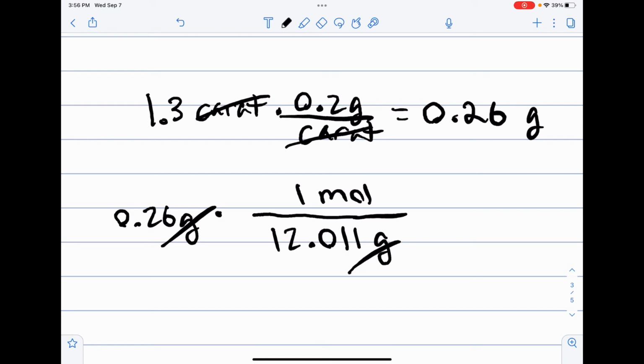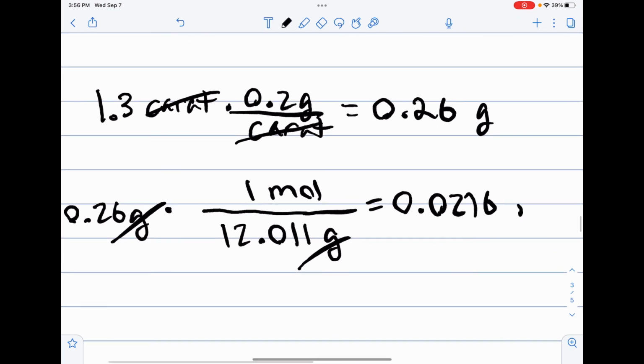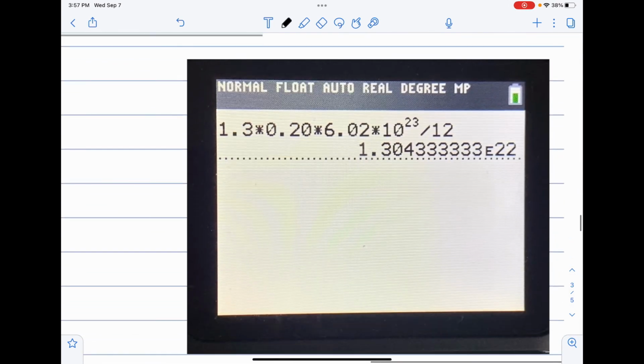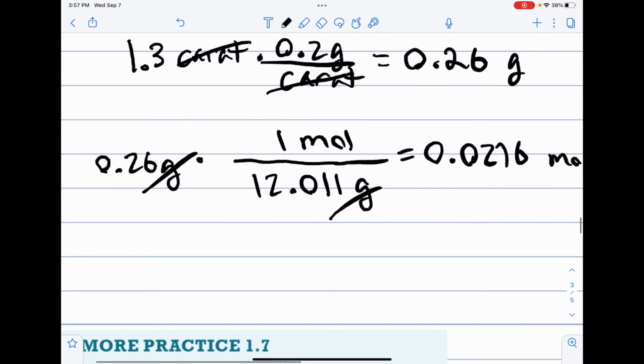So if we divide 0.26 over 12.011, we're going to get 0.0216 moles. And I'm not worried about significant figures because I have a calculator thing here that does it all in one step.